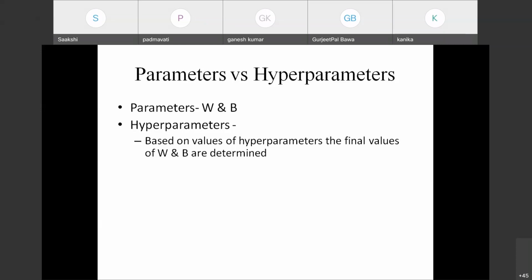Let us consider that using the current weights we have computed some loss.